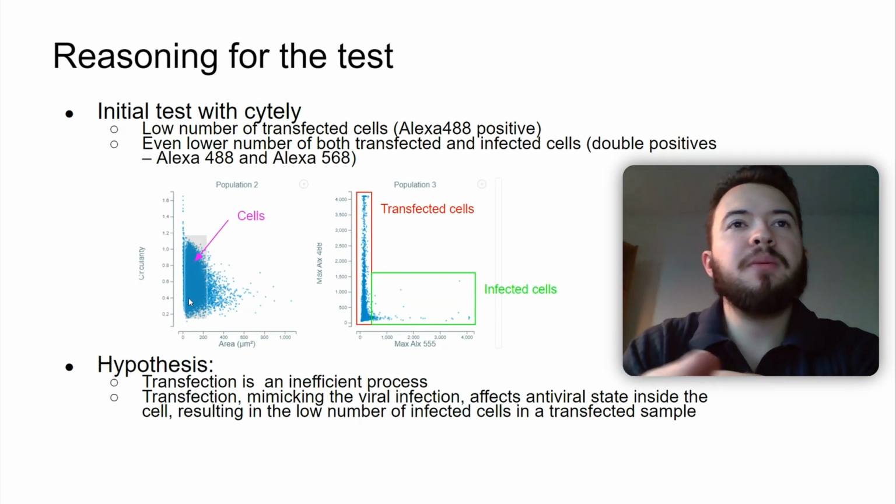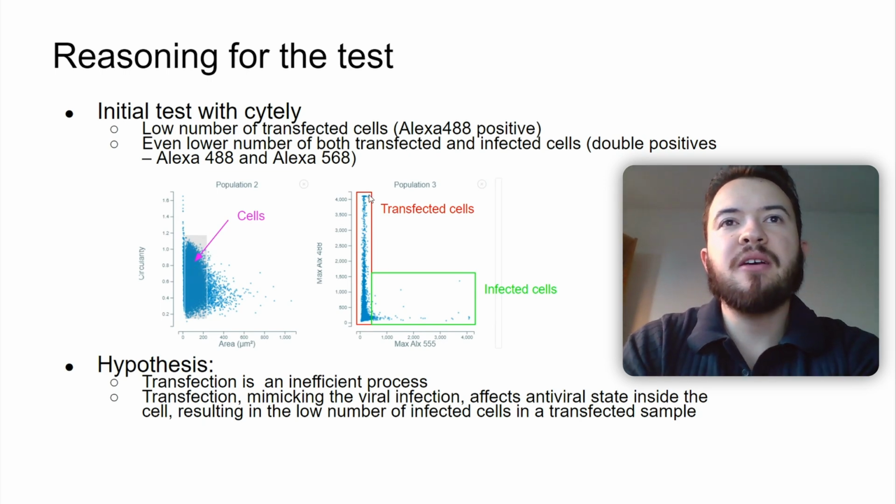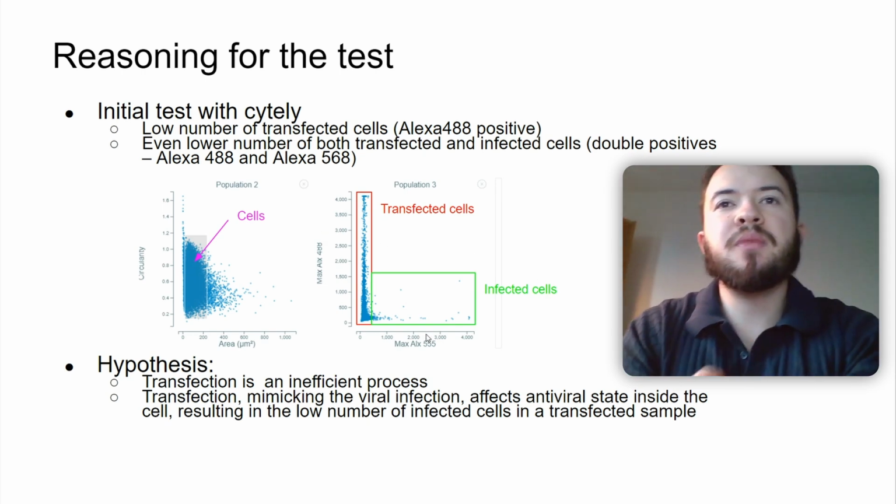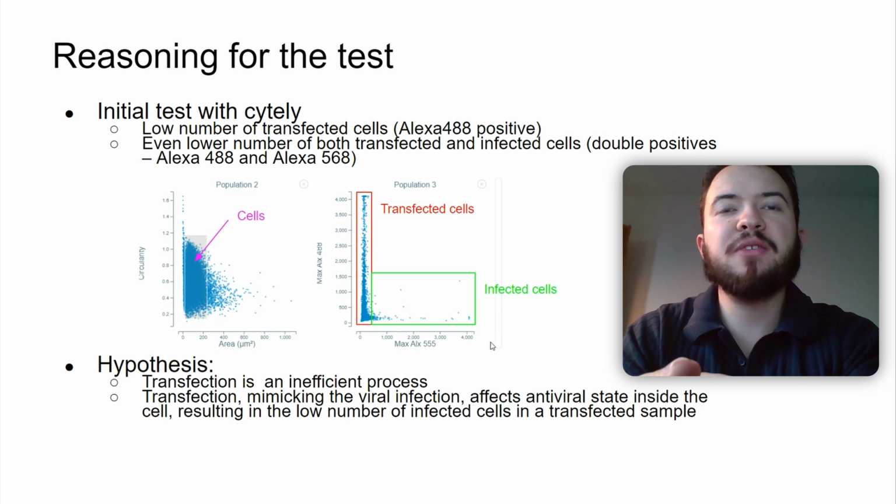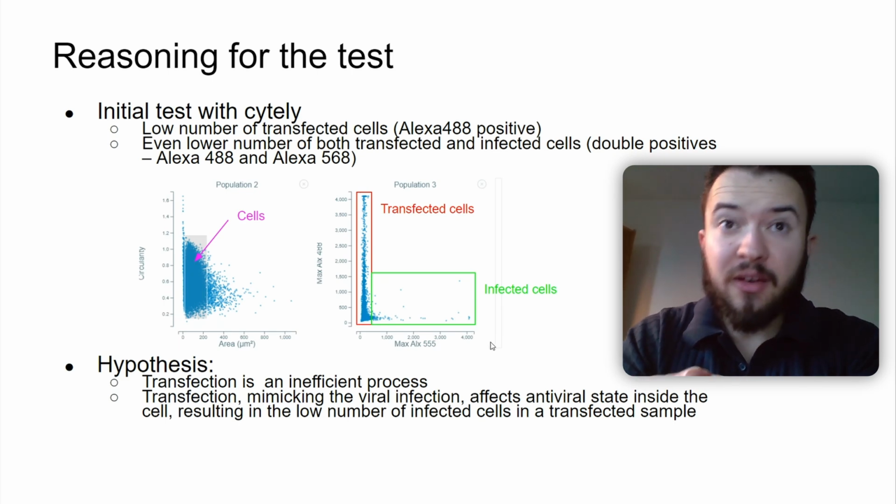We were basically able to collect the cells that were interesting to us and then compare them. What we see with Alexa 488 is the cells that are transfected, and with Alexa 555 the cells that are infected.